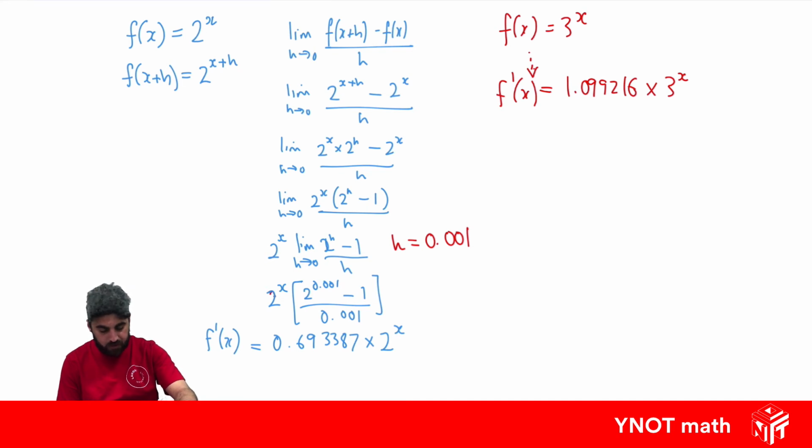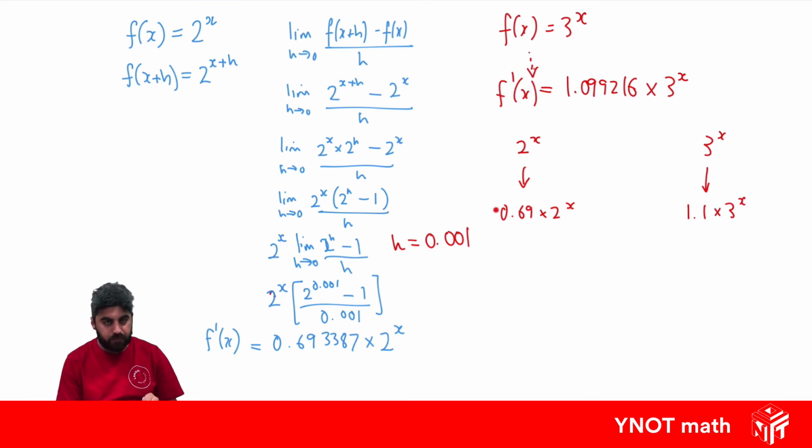So let's write a little summary. When we had 2 to the power of x, our derivative was 0.69 times 2 to the power of x. And when we had 3 to the x, our derivative was 1.1 times 3 to the power of x.